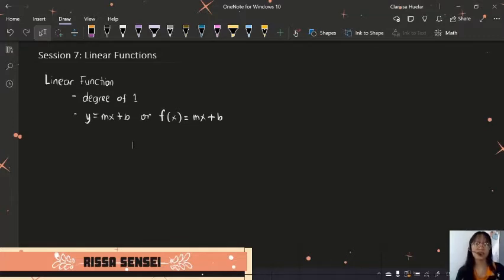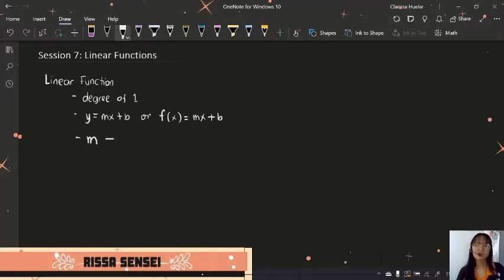Tapos yung f of x equals mx plus b, pinalitan lang natin yung y ng f of x. It can also be g of x o kaya c of x. Basta ang mahalaga, the exponent of x is 1. Wala nang iba. Okay?